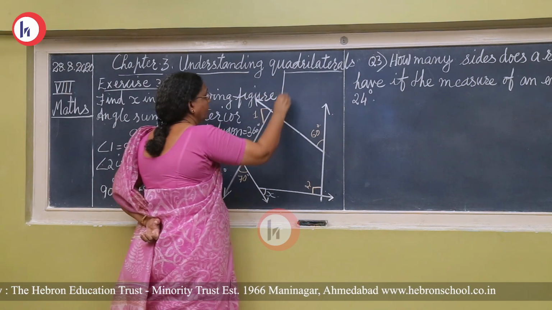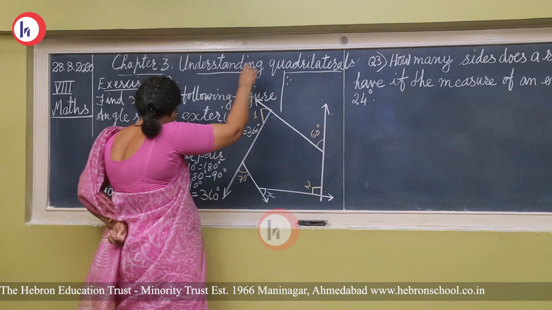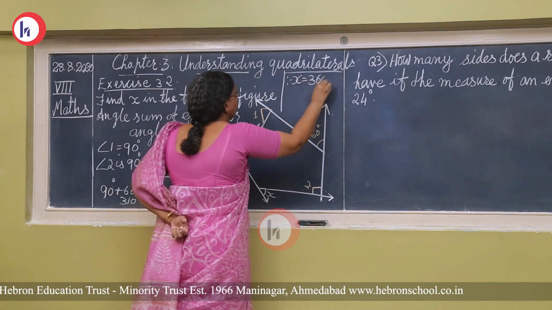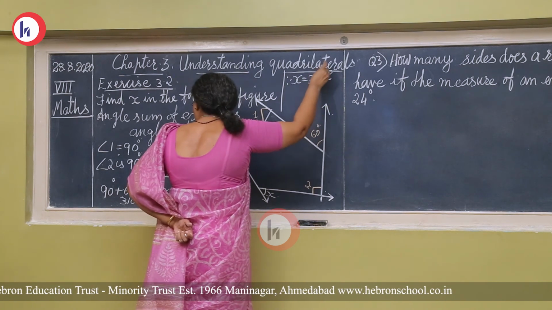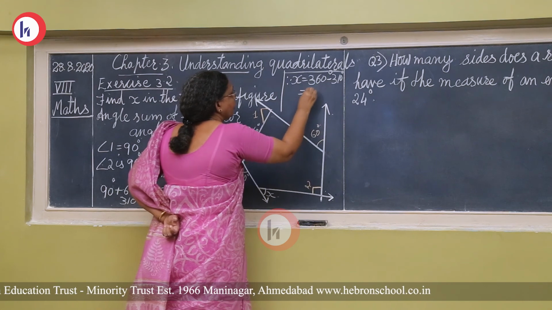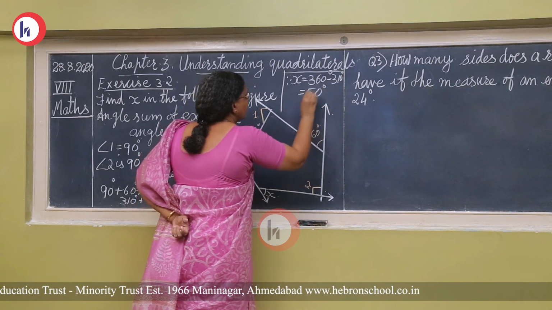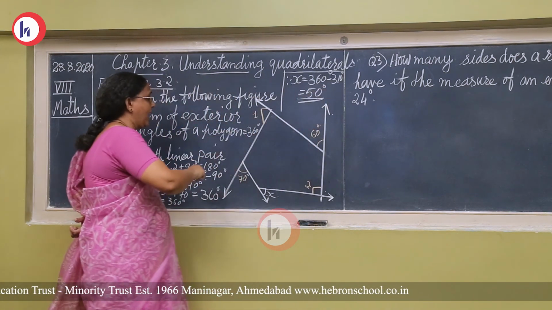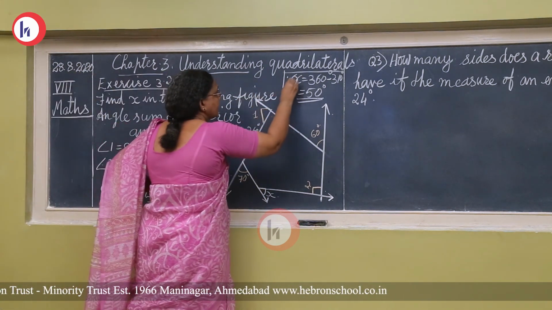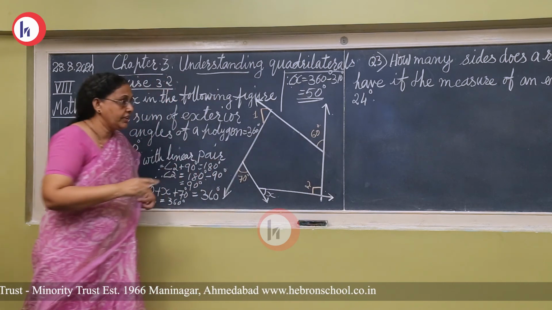Therefore, x is equal to 360 degrees minus 310 degrees, that will be equal to 50 degrees. Thus, we get the measure of angle x. Measure of angle x is equal to 50 degrees.